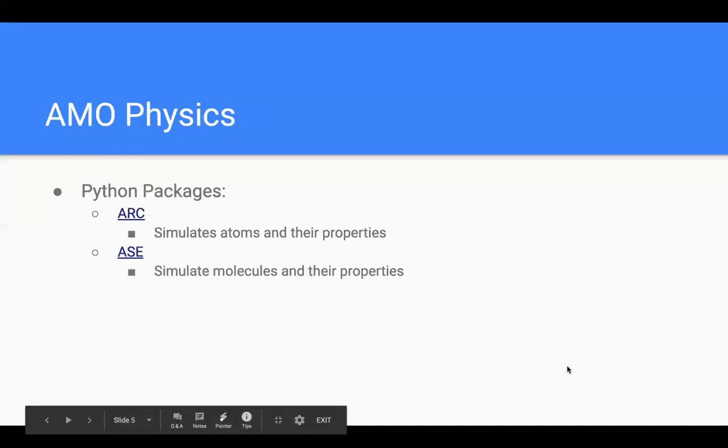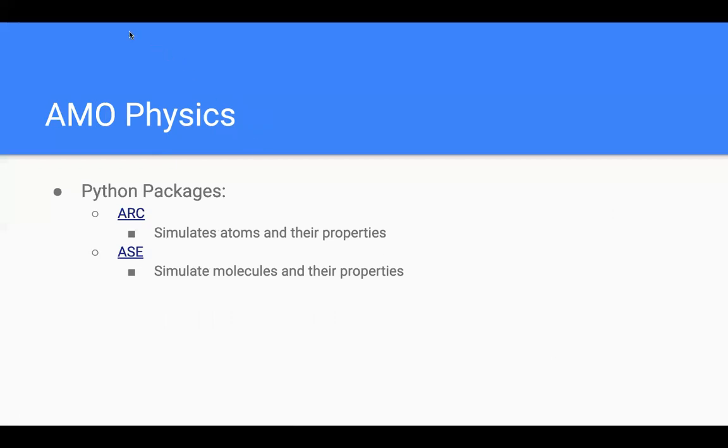Yeah, neither Aditya nor I are atomic, molecular or optics physics people, but two things I've heard of are ARC, which helps you solve the Schrodinger equation for some atom and tells you the energy levels and how those split.